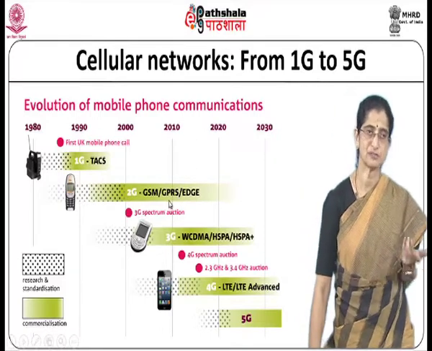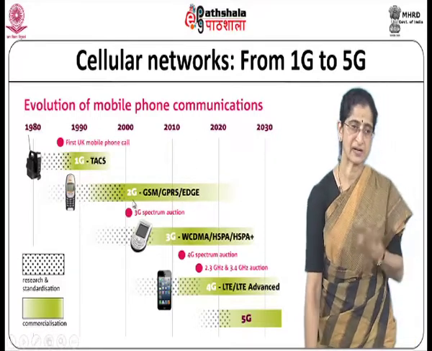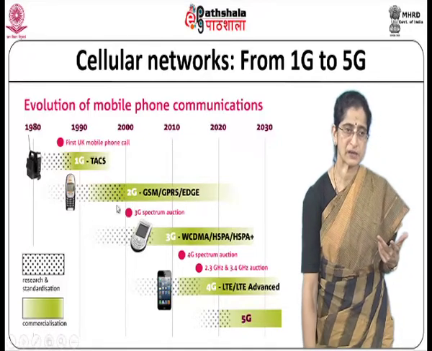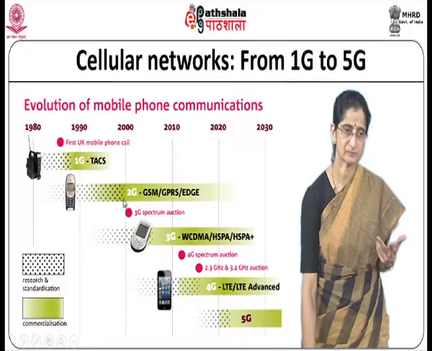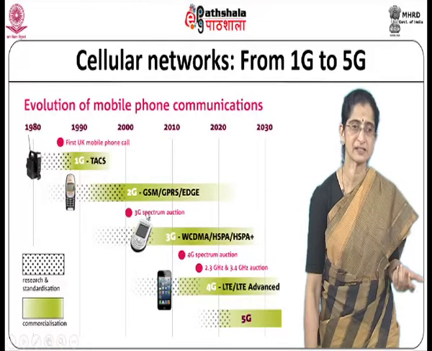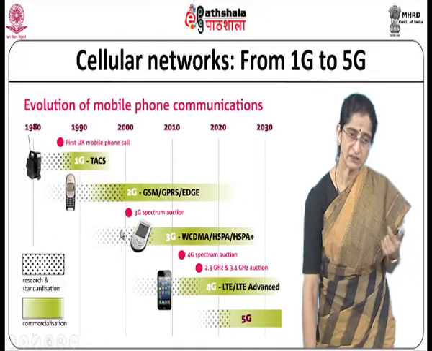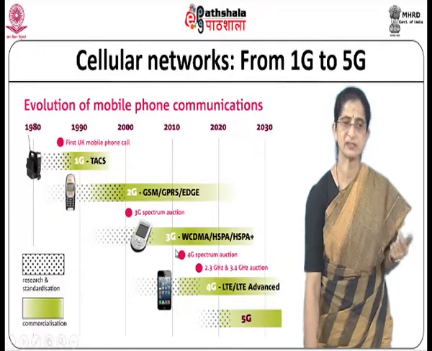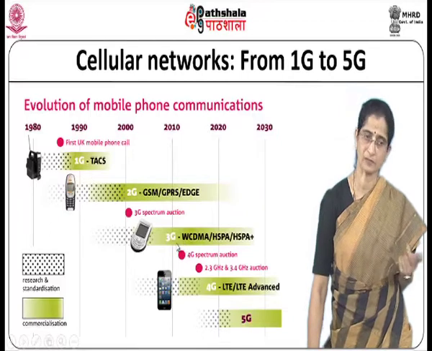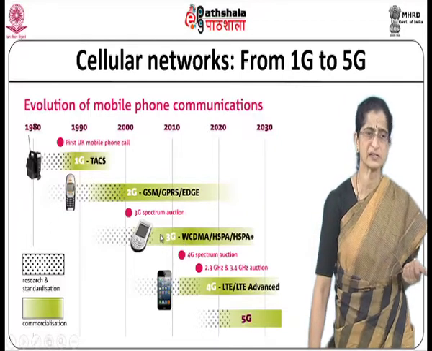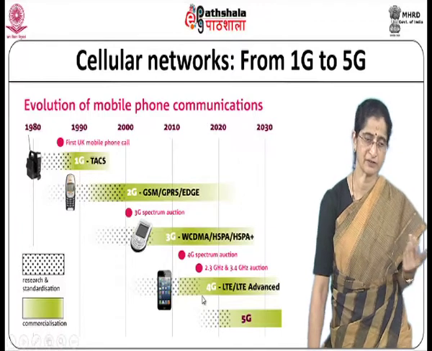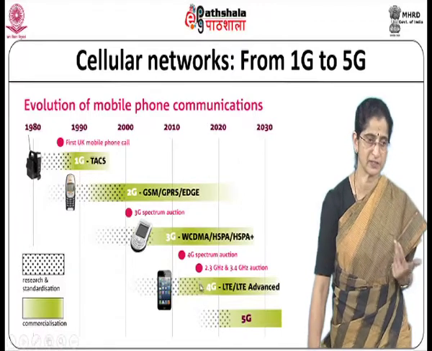So we have GSM, GPRS, and EDGE as various standards used in 2G. The 3G spectrum auction happened around the time 2G was standardized. At that time research for 3G had almost started, and by around 2010 3G had been standardized, and 4G has been standardized starting from 2012, 13 and so on.